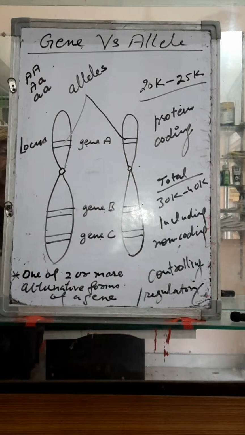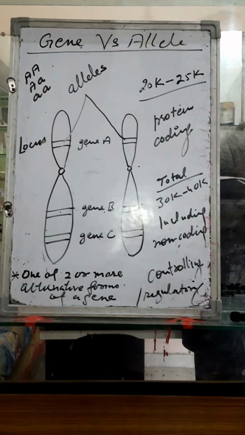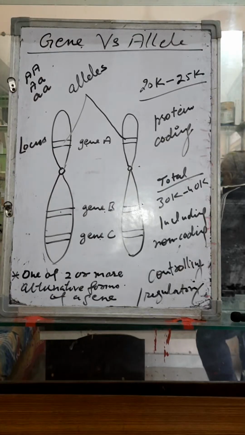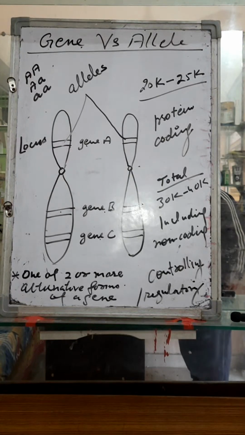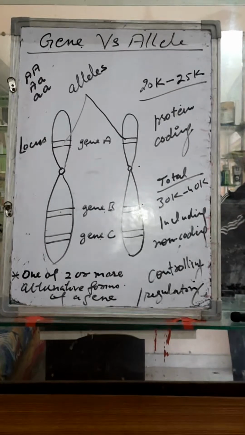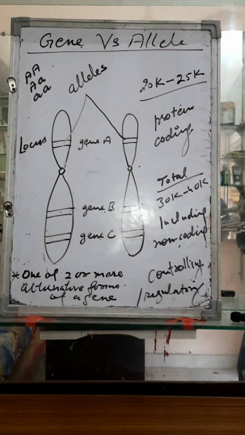So now we can understand what alleles are. Every gene which can be expressed as a specific trait or character in any individual has two or more alternate forms.